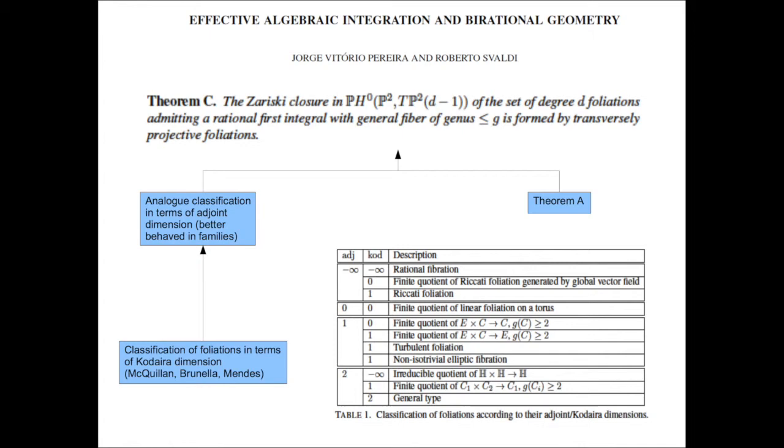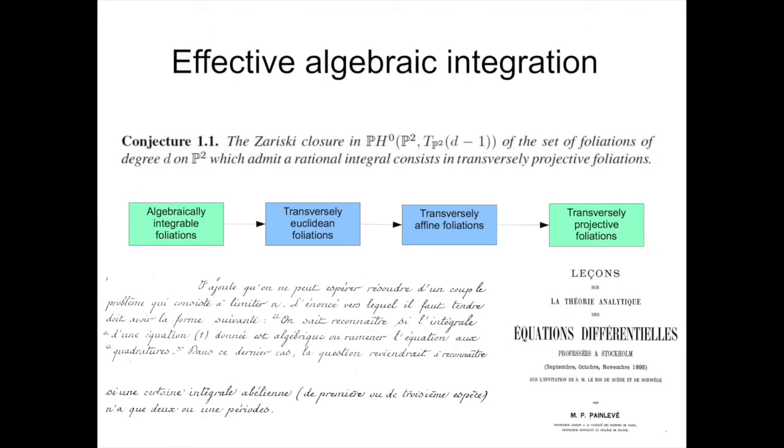So as you prove this, what would be the next step towards the Poincaré problem? If it is true, it's solved, because we have another result on transversely projective foliations. This is a result that I have with Jorge and Touzé. We have proved that if you have a transversely projective foliation, you have three possibilities.